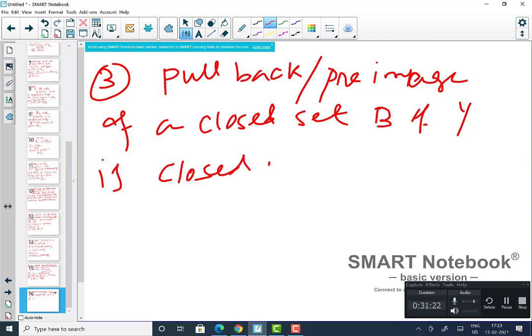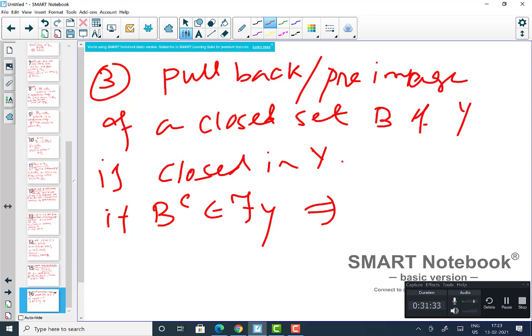If B complement is inside the topology of Y, this implies f inverse of B complement is inside the topology of X. So X minus f inverse B is an open set, so f inverse B is a closed set. This is the meaning.